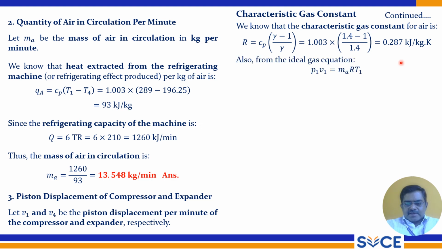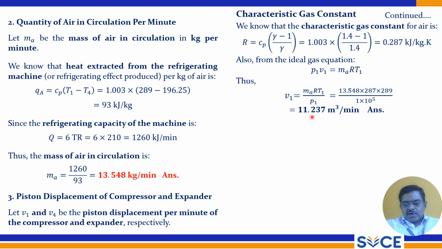So from the ideal gas equation, P1V1 equal to MRT, that is Ma R T1. So then we can find out V1 from the ideal gas equation, Ma R T1 divided by P1. So all values you can substitute here, and V1 can be calculated, that is 11.283 meter cube per minute. So that is the V1.